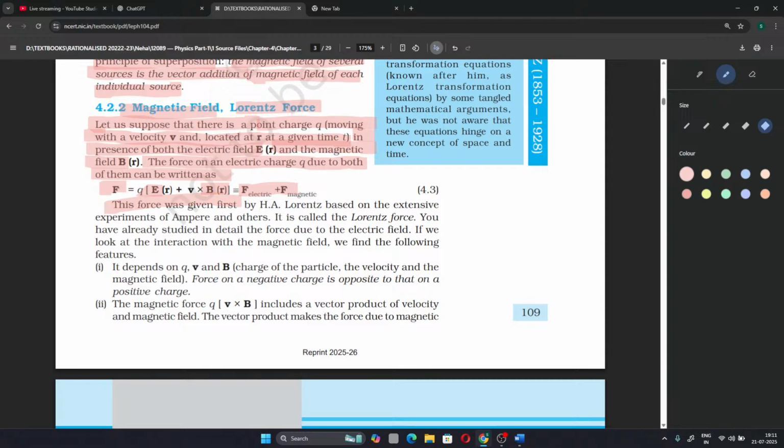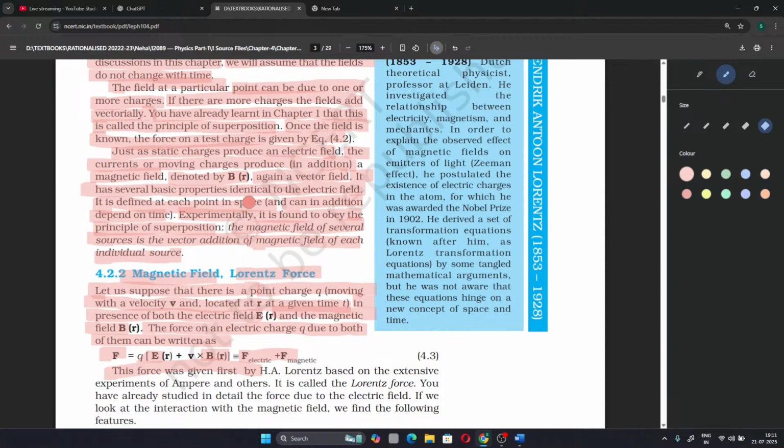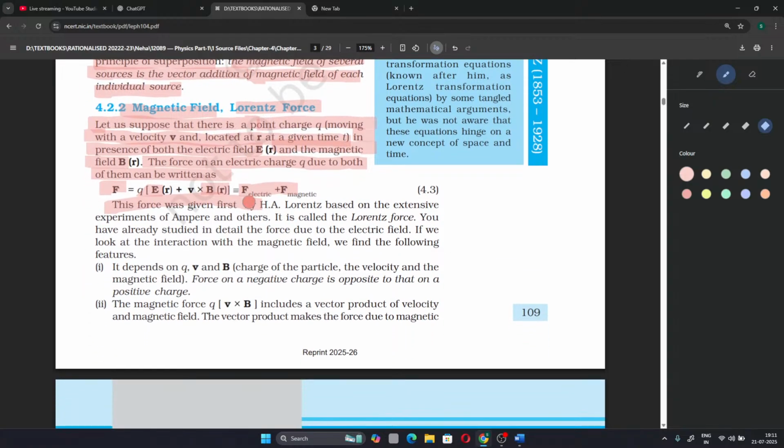This force was first given by Hendrik Antoon Lorentz, or H.A. Lorentz, based on the extensive experiments of Ampere and other scientists. It is called the Lorentz force. You have already studied in detail the force due to the electric field.